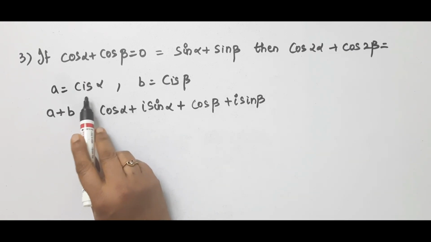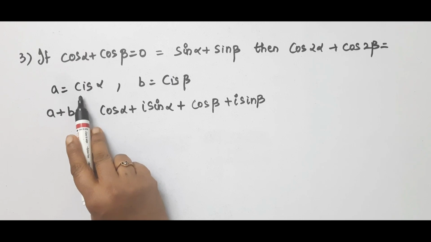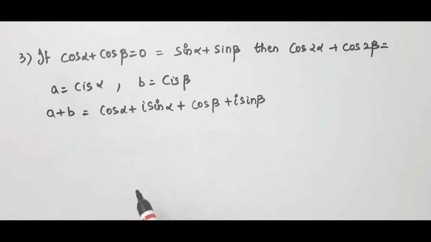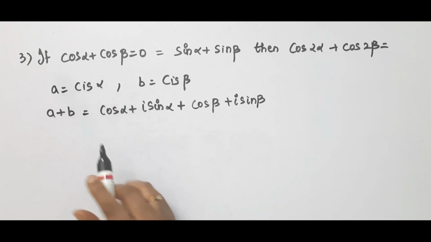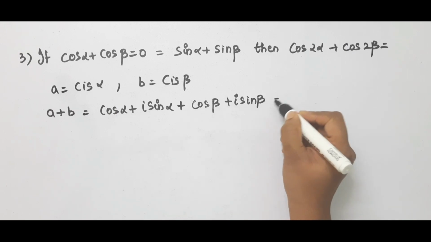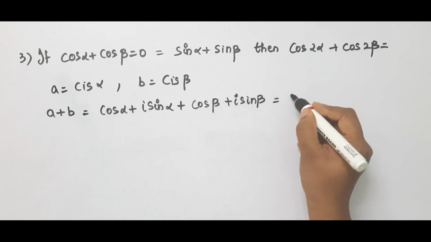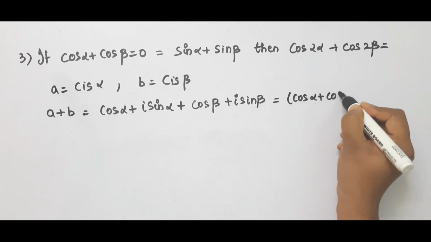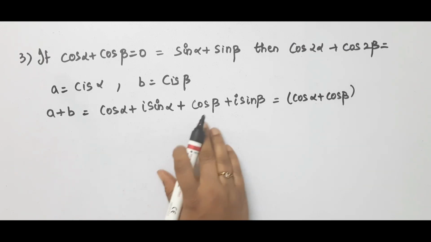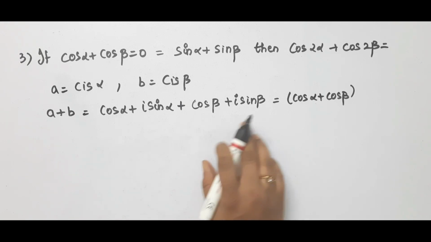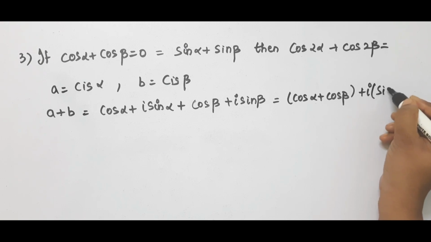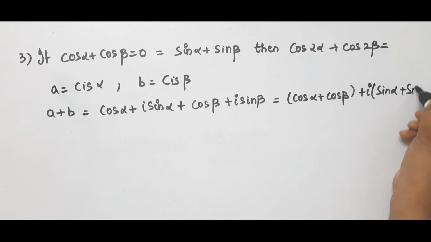We can write it in shortcut form as cos alpha plus I sin alpha as cis alpha. The shortcut method I have just taken here. So this is equal to cos alpha plus cos beta, I am just adding the real parts and the imaginary parts, plus I into sin alpha plus sin beta.